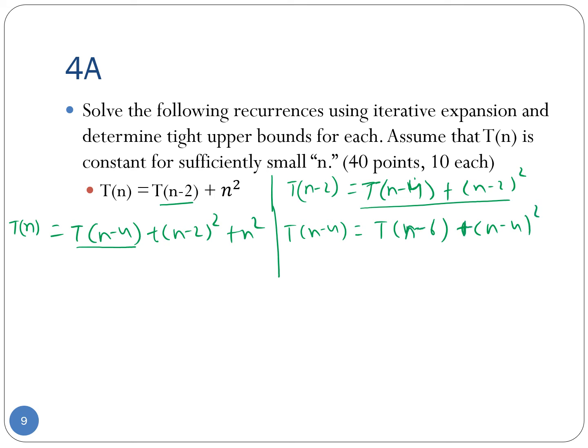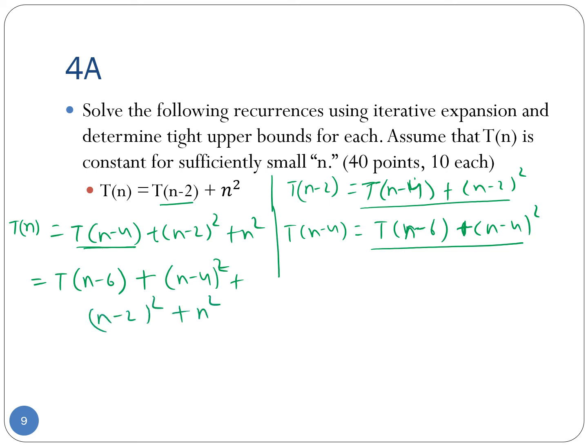So this is n minus 6. Now let's substitute this value in place of T(n minus 4) in the expression. So we get T(n) is equal to T(n minus 6) plus (n minus 4) whole square plus (n minus 2) whole square plus n square.